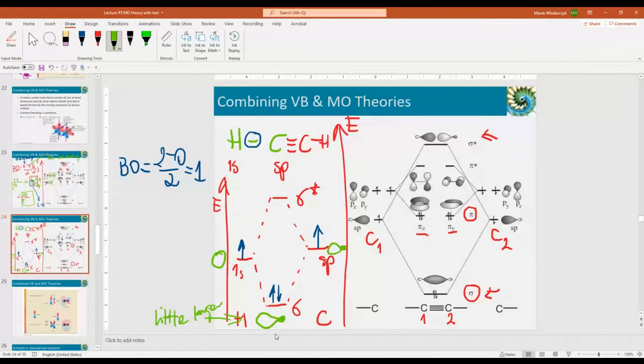And then how about the anti-bonding orbital? If you start with our sp orbital as a template and the s orbital on the other side, what else do you need to change here in order to make this a valid anti-bonding orbital?